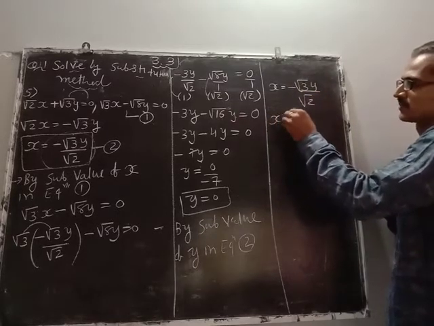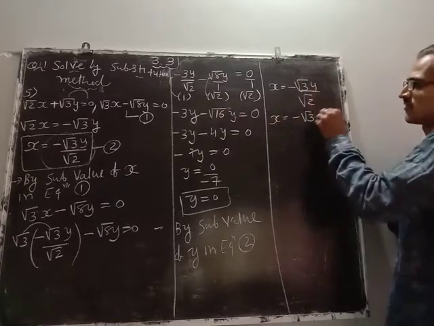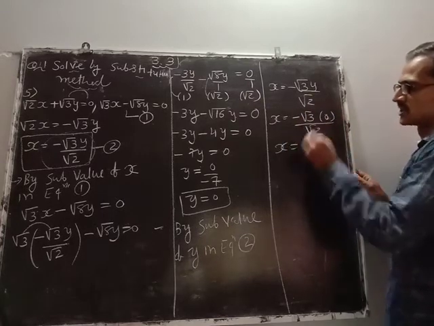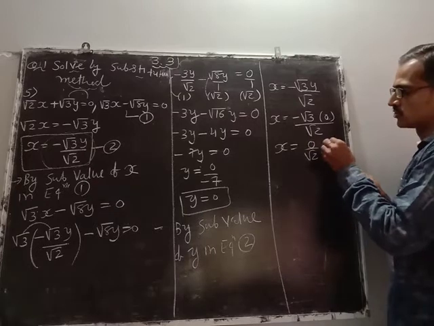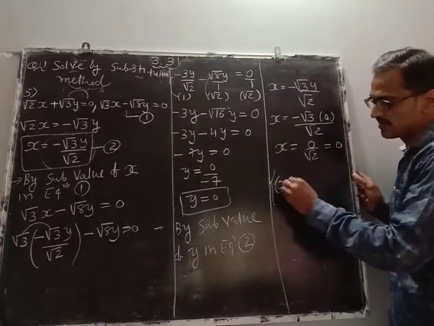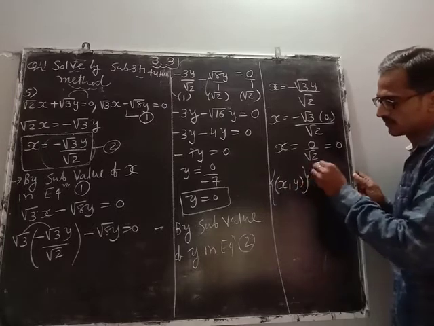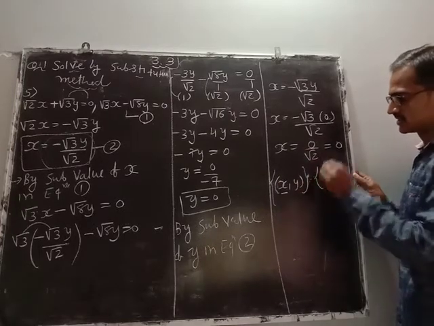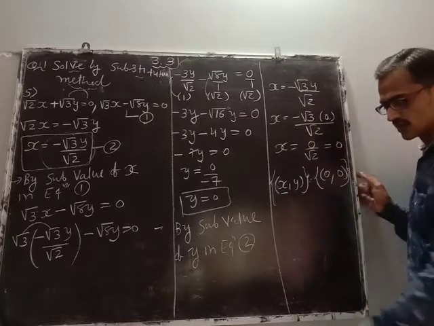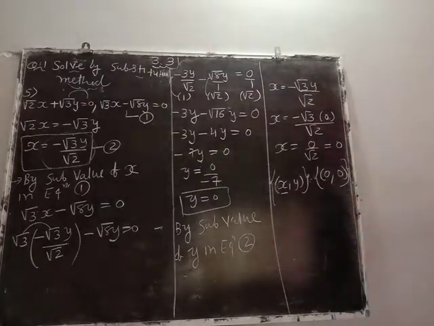So we'll get minus root 3, instead of y 0, by root 2. Root 3 zeros are 0 by root 2, 0 by root 2, 0. So here we have answer x 0, y 0, solved. Go through it.